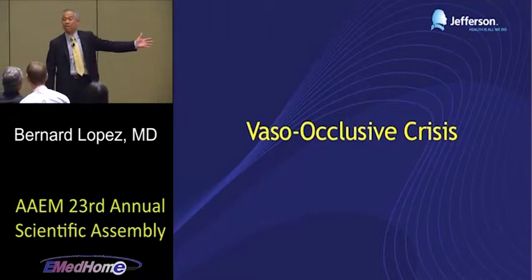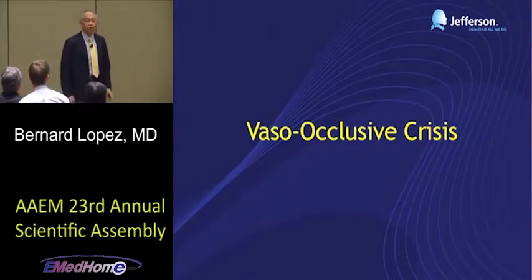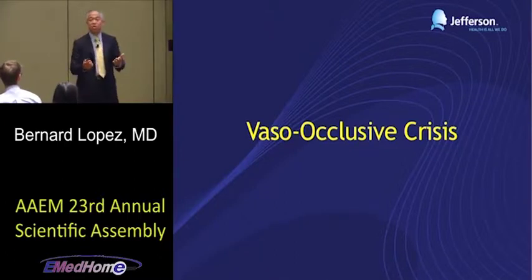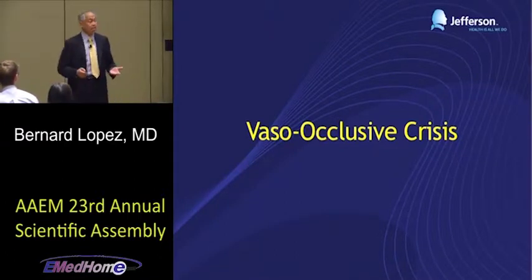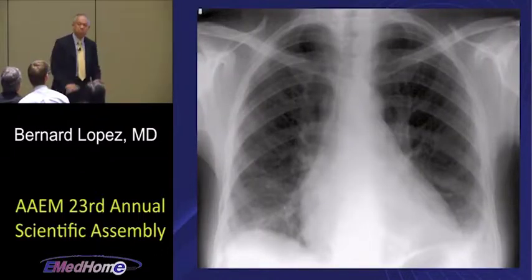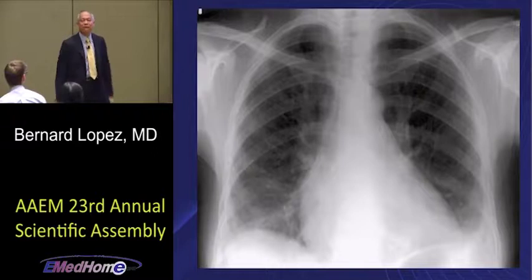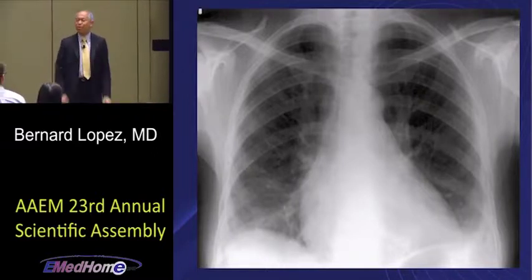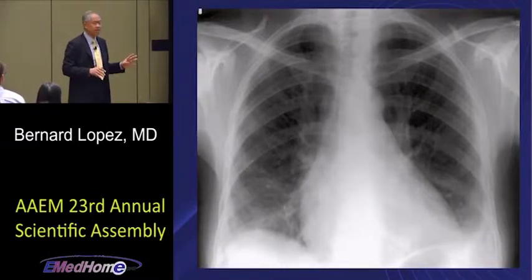But what we see is vaso-occlusive crisis, pain. It's that acute ischemia that brings them to the emergency department. That's probably 99% of what you will see. We'll talk a little bit about how you take care of that pain.